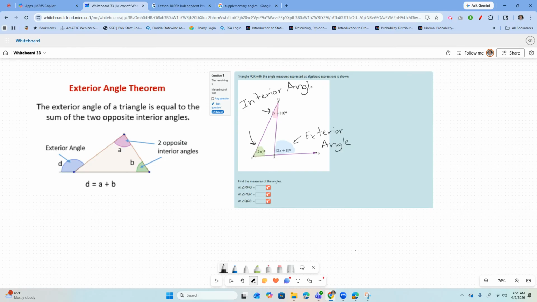Okay, and using the exterior angle theorem, the exterior angle is going to be the same as the two interior angles together. That's basically what the exterior angle theorem is saying.